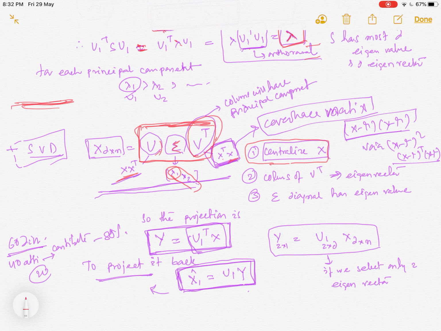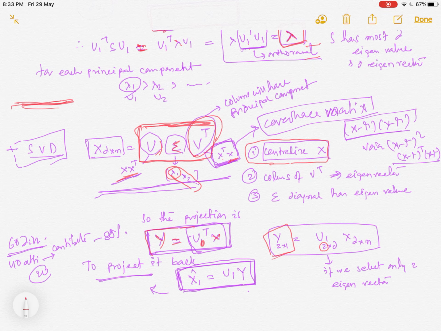Once we have all this, we can create the new subspace Y by multiplying U transpose X. Say we pick only two principal components and multiply with X, we will get a 2 cross 1 subspace, or a 2D subspace.